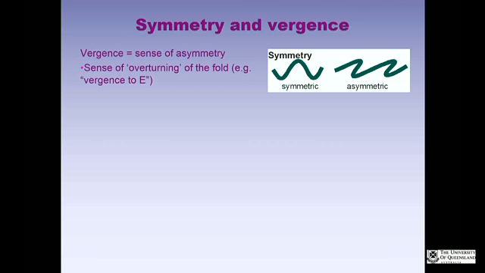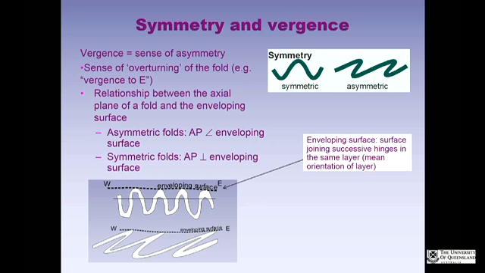Or we can say that the vergence is to the right. I always look at what happens to the top here. The top is moving to the right. Okay, so it is the sense of asymmetry, and another way of looking at that is to think about the relationship between the fold axial plane and the enveloping surface.